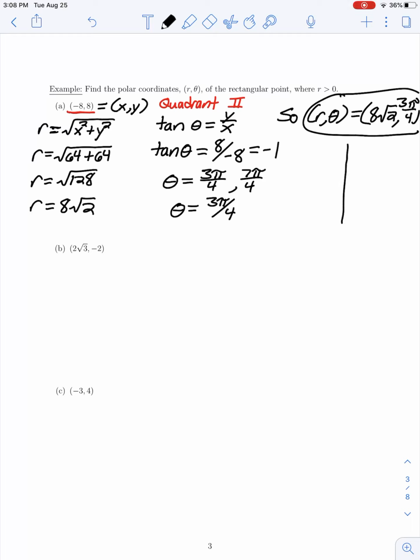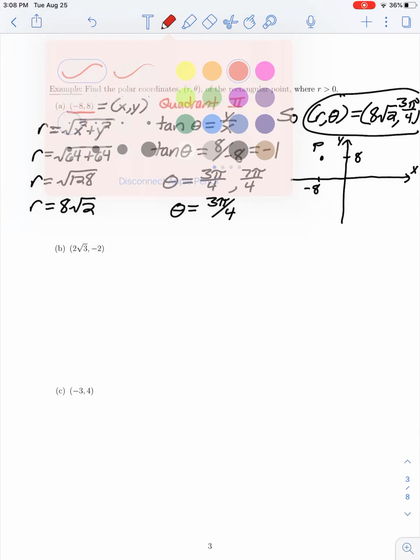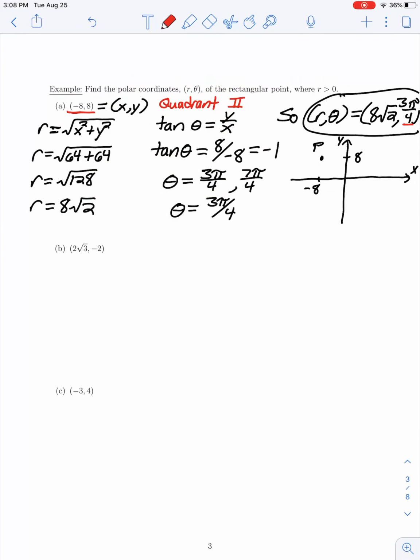So we can also verify this by graphing. In our xy plane, we're looking at the point -8, +8 for our point P. So we could represent this as the point in polar coordinates where theta is 3 pi over 4.